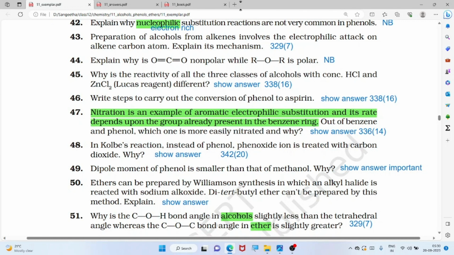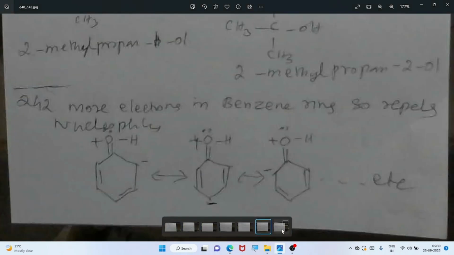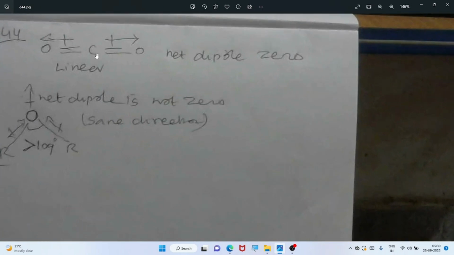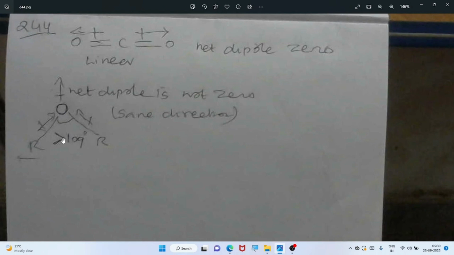But in ROR we have a structure like this, with an angle greater than 109 degrees due to repulsion, so there is a net dipole moment in this direction. In the other case the dipole moments are in the same direction, so there is a resultant dipole, and in carbon dioxide the resultant dipole is 0.